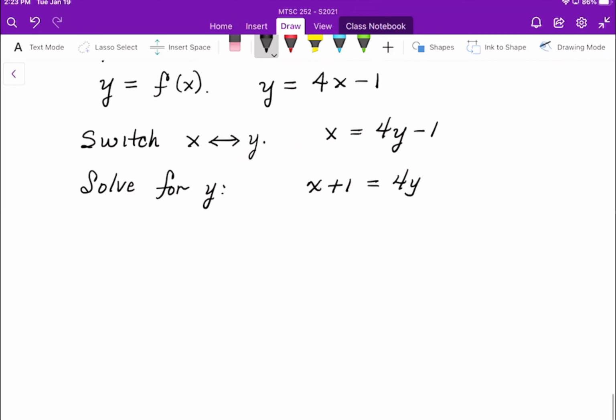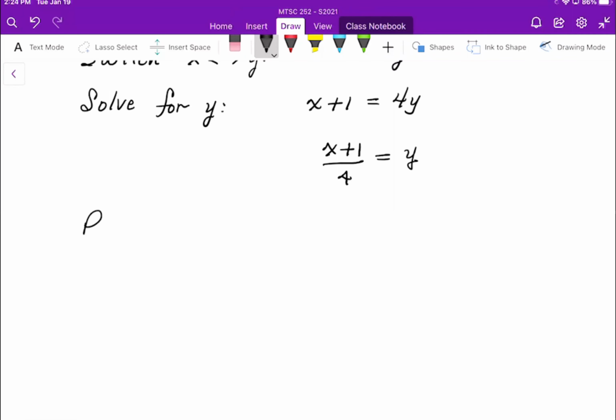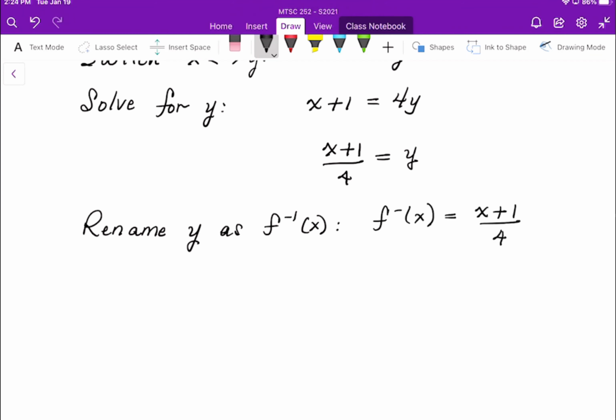Then I'm going to divide by 4. So I solve for y. And so now I'm going to rename y as f inverse of x. So therefore, f inverse of x is (x plus 1) over 4. And that's my inverse function.